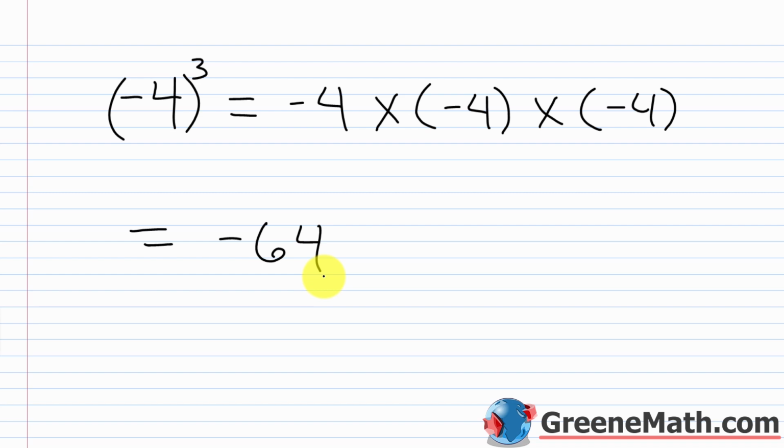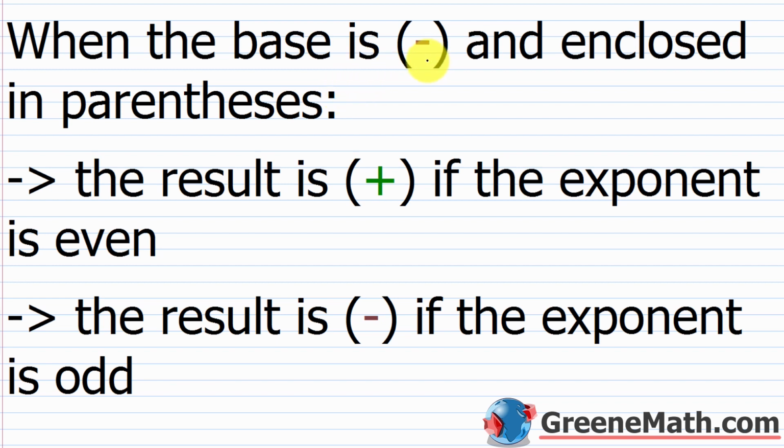Now, knowing that, I'm going to go through and read some rules that you just want to remember when you're working with exponents. When the base is negative and enclosed in parentheses, the result is positive if the exponent is even, right? Because I would have an even number of negative factors. That gives me a positive result.